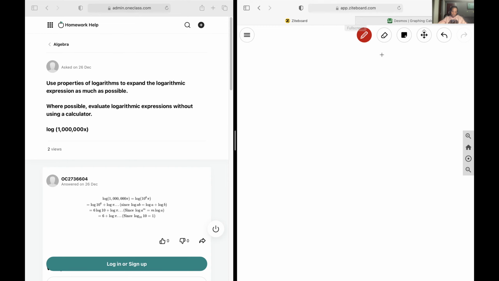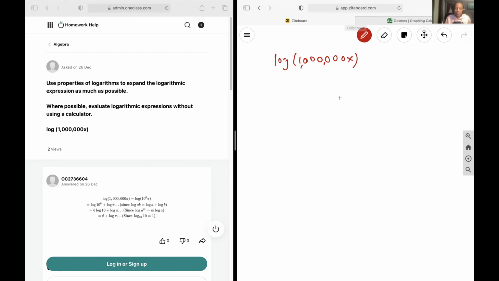Okay, next up, we would like to expand the logarithmic expression as much as we can. And so we have the expression log a million x.